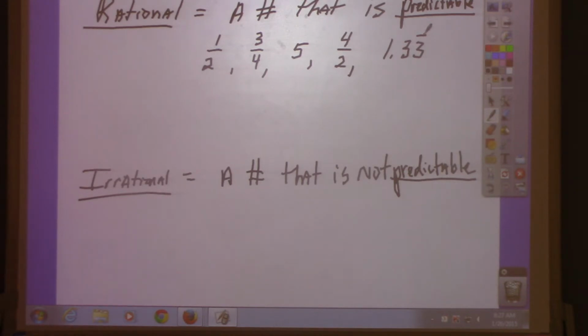These are all rational numbers. Why? Rational because they got a ratio. They're a fraction. No, 1.33 is not. 5's not. 1.33 is a decimal, and 5 is a whole number. So you can't say rational are all fractions. That's not right. Why are they predictable?